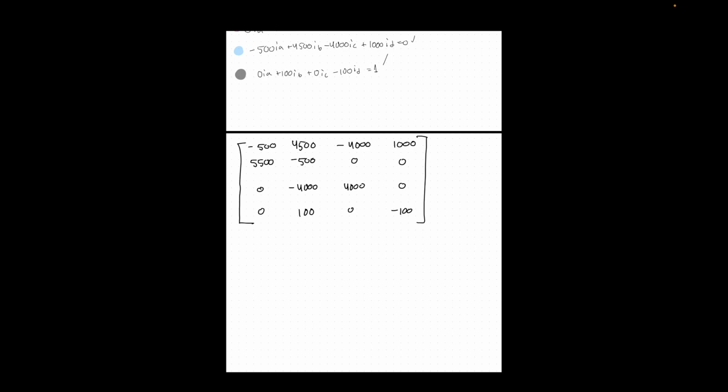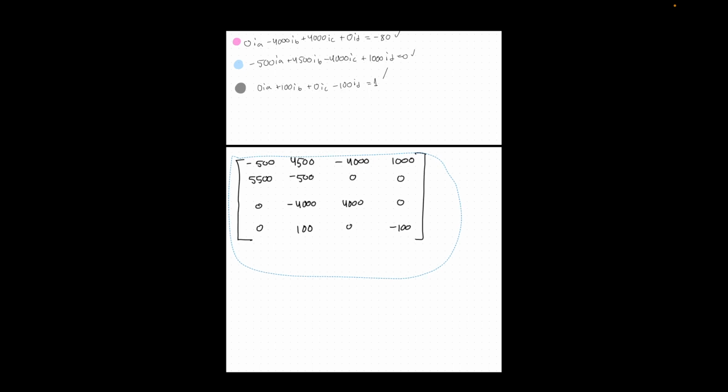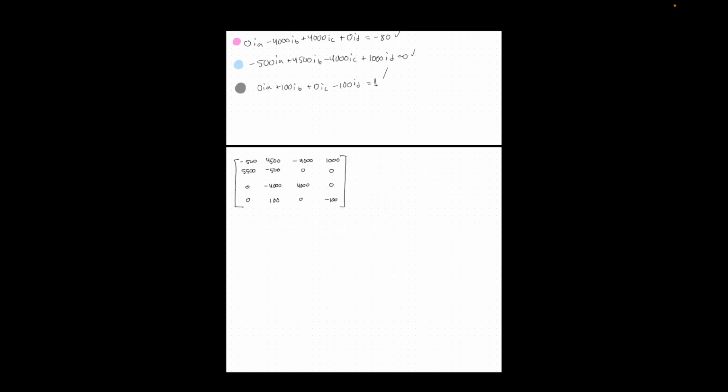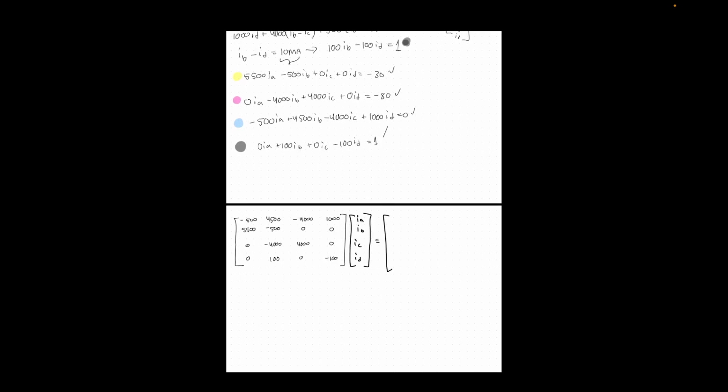We're going to close this off. I'm going to shrink this so we can get some room. And like I said, IA, IB, IC, ID is going to be equal to our right-hand side. As I've written it, it is going to be equal to 0, negative 30, negative 80, and 1.